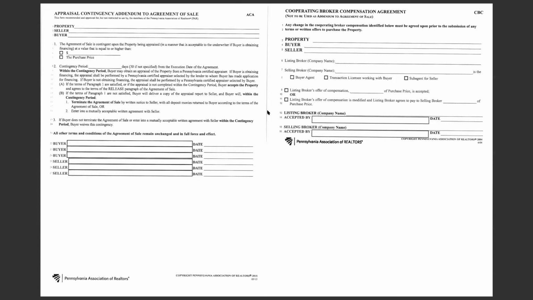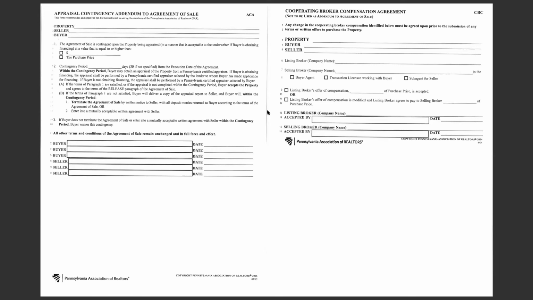You can't go back to see that in Bright it was 3% at the time you showed the property. You have to have it in writing as your proof that you want 3%, not 2.5%, because they changed it.